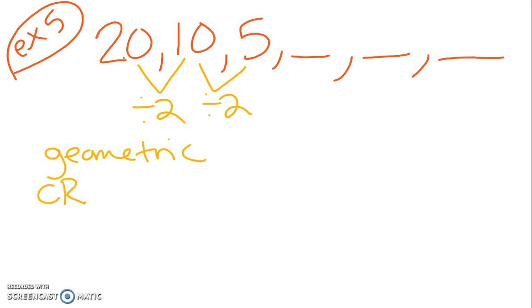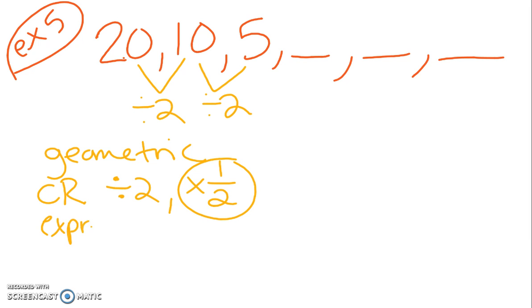The common ratio is going to be divided by 2. Now listen, this is sneaky. Common ratio, we want to write it as a fraction. So dividing by 2 is the same thing as multiplying by 1/2. We'll talk more about that in class, but this is technically the right answer. Multiply by 1/2. The way that we would write our expression is x over 2, because we take every number and we divide it by 2.